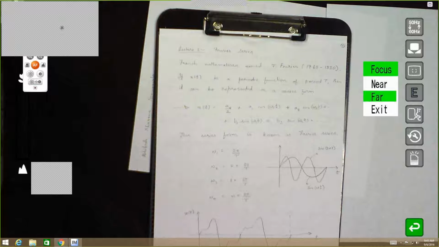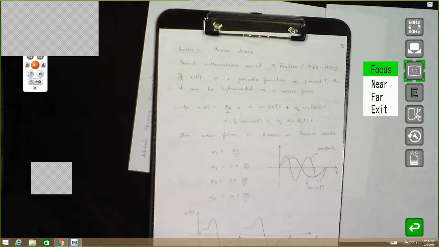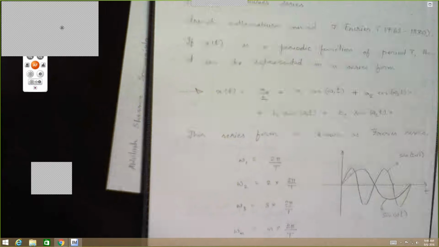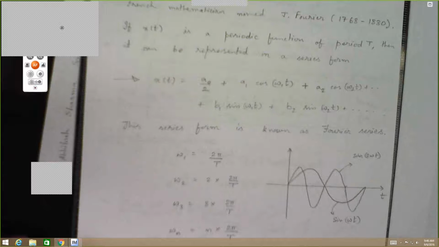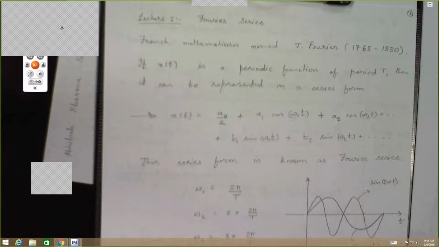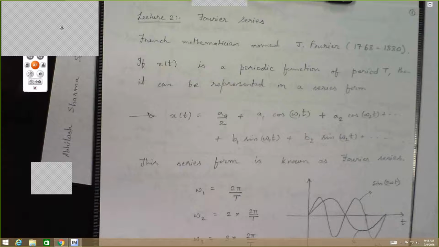Okay, once I get into focus, how do I focus? Okay, this is... Okay, this is better, right?